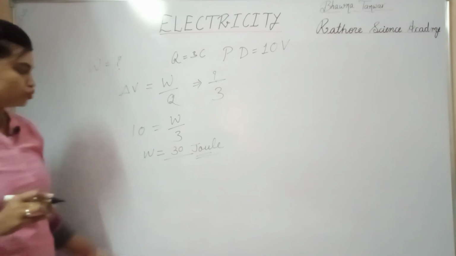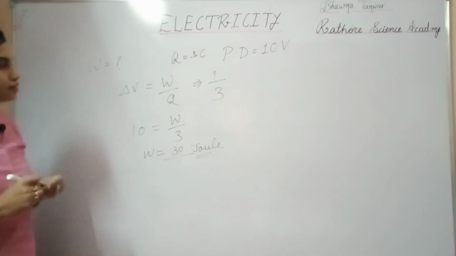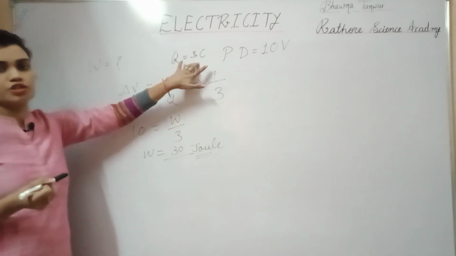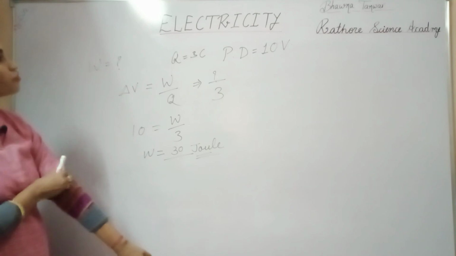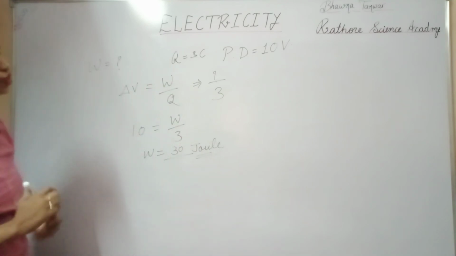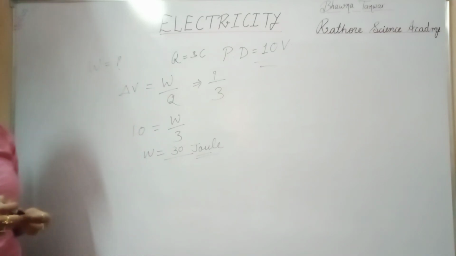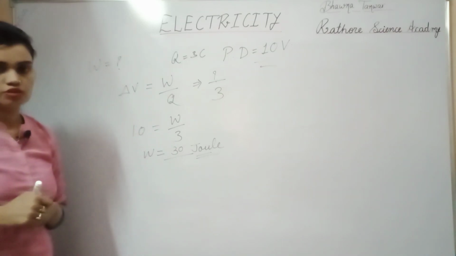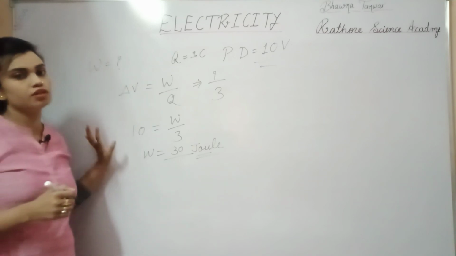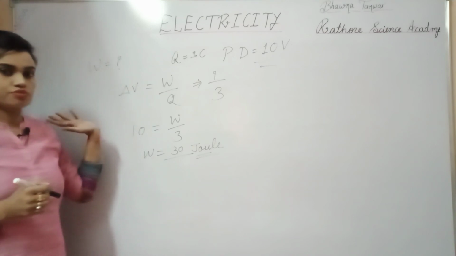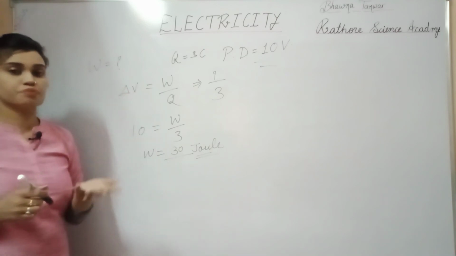So 30 Joule of work we have to do when we send 3 coulomb charge from one point to another point of a circuit when the potential difference is 10 volt. In this manner you can solve so many questions. Later on, in one video we will discuss numericals only. We'll use all the formulas of this chapter and solve many numericals that have been asked previously.